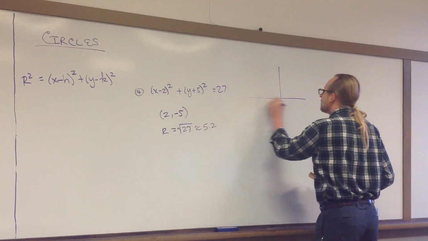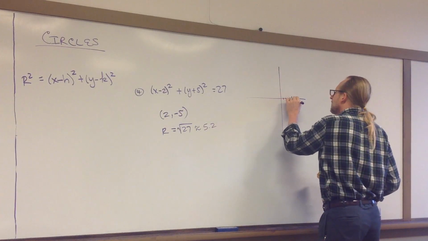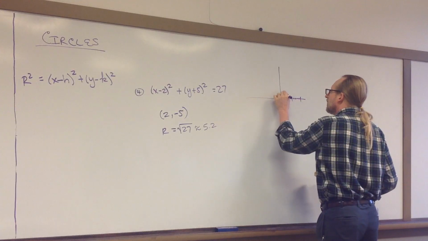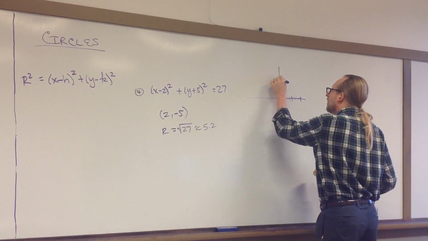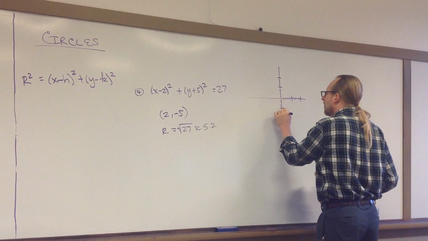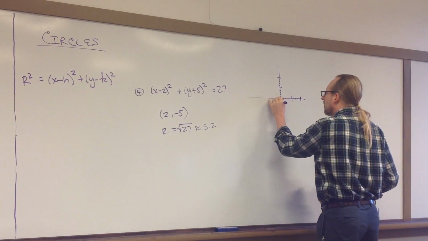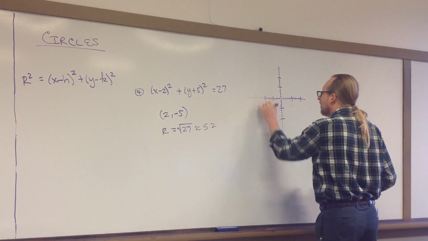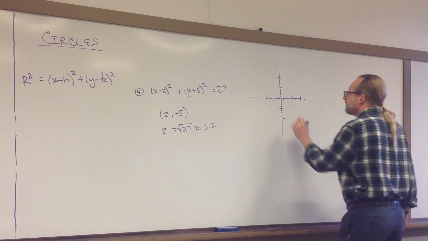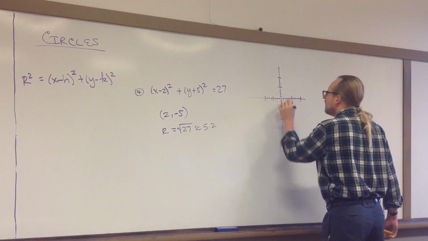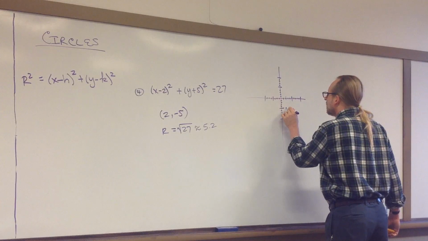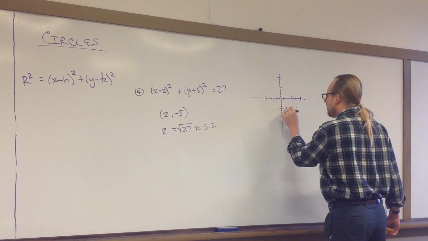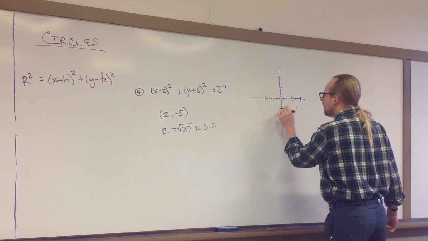Let's see if I can do a better job on sketching the circle. All right, so 2, negative 5 is the center of the circle, and then the radius is 5.2.